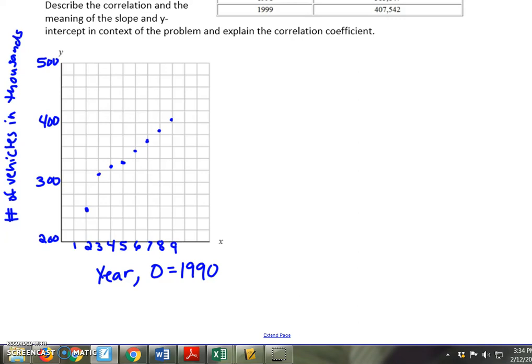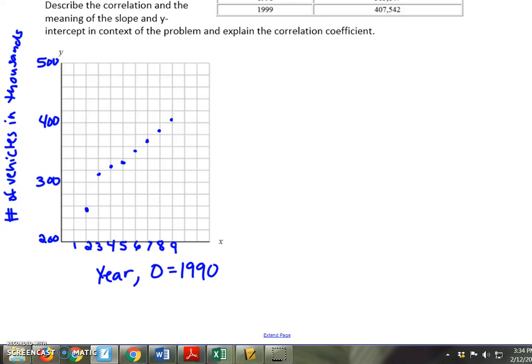Let's take a look at what the calculator gives us when we run our linear regression. I'll show you in class how to actually type this into the calculator. The first thing I've done is type my ordered pairs into a table, using 2 for 1992, 3 for 1993, and so on, and then plugged in how many vehicles there were into the other list.